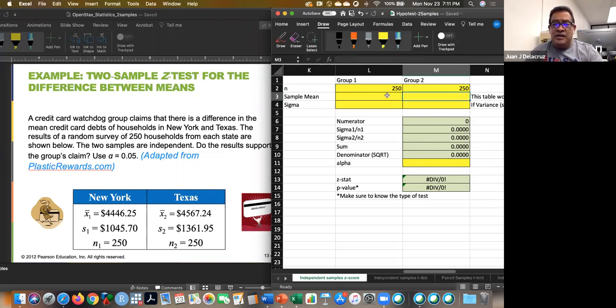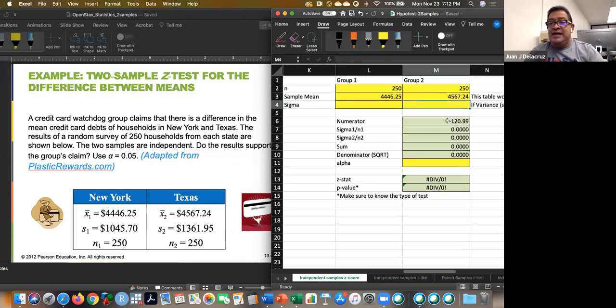Now finding some values. The sample mean for group one is 44,046.25, sorry, and for group two it is 45,067.24, right?